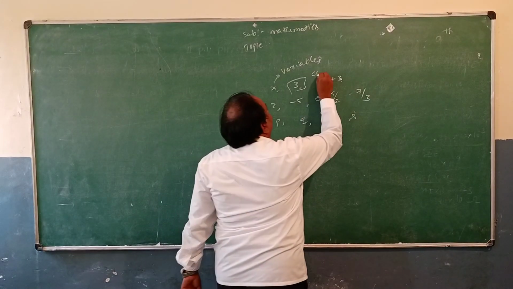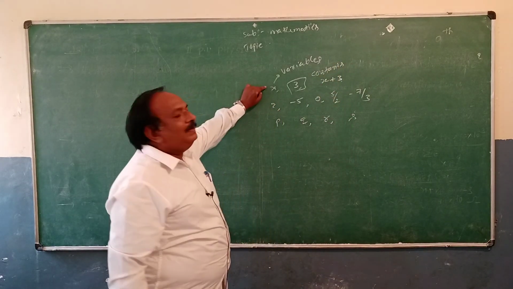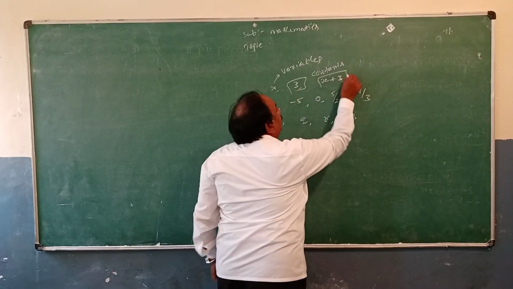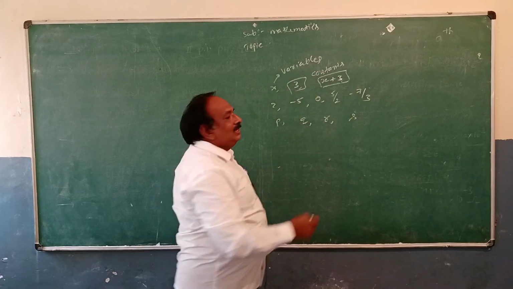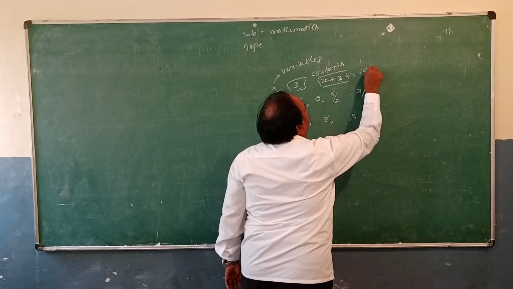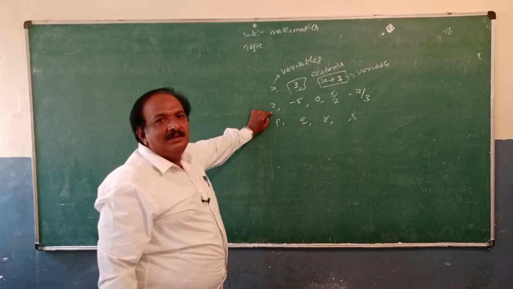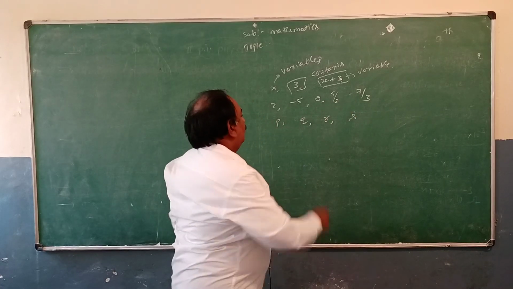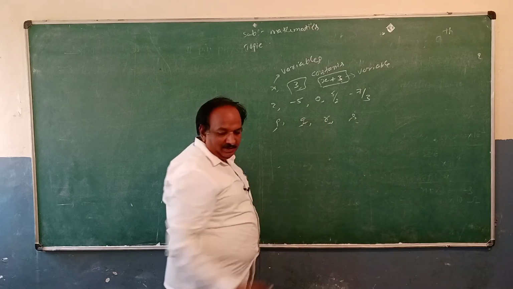We call it a constant. This is a variable, this is a constant. This is the combination of variable and constant. Again it is a variable. And then these are constants, and these are variables.